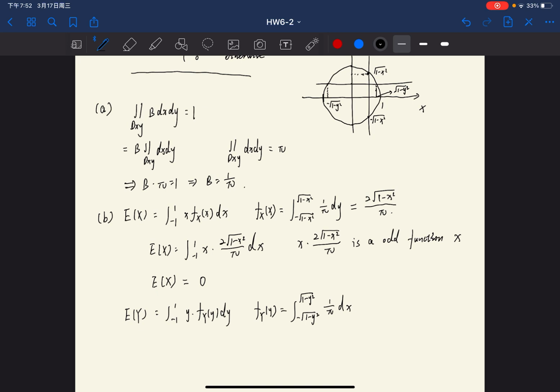And so the result is 2 multiplied by square root of 1 minus y to the power of 2, divided by pi.